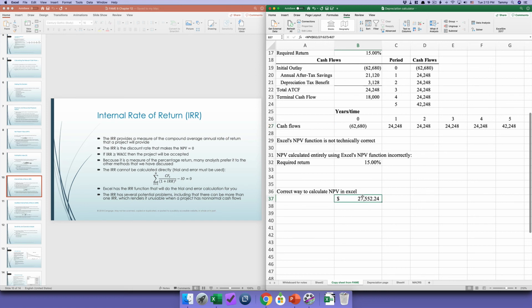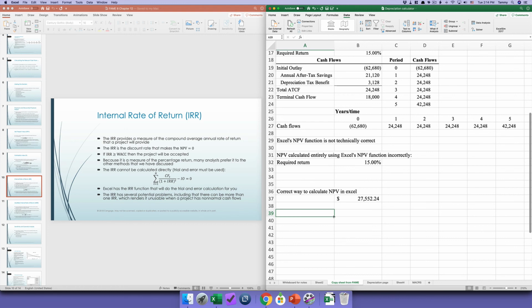Okay. So to calculate the internal rate of return, you could use a goal seek and change this formula until we get an NPV of 0, or Excel has a way of doing that for you via a formula, a function.